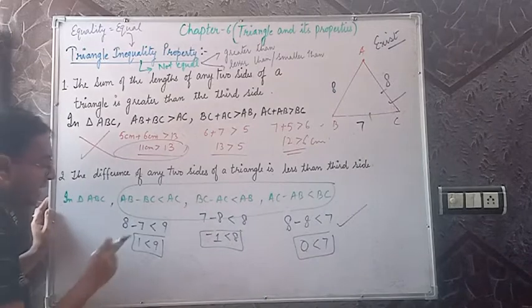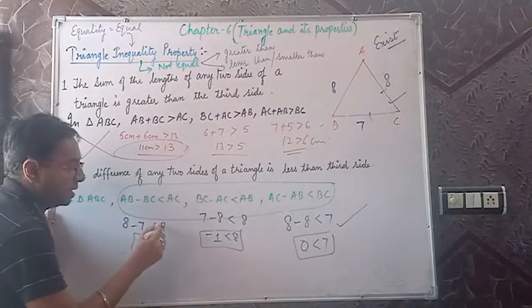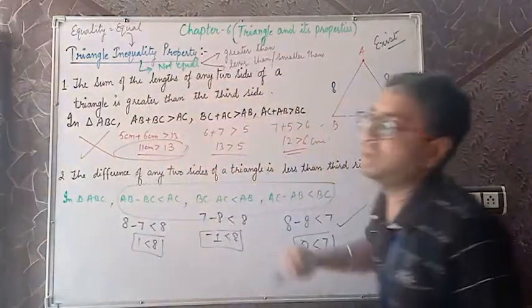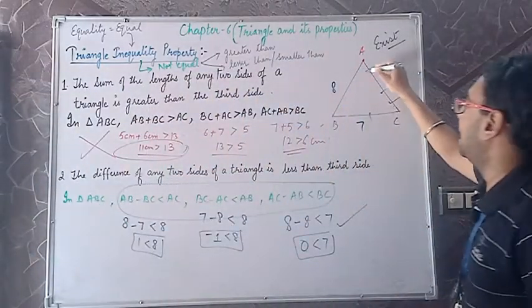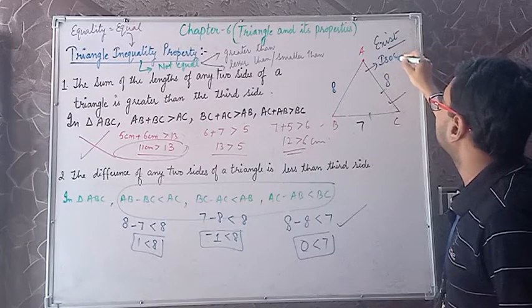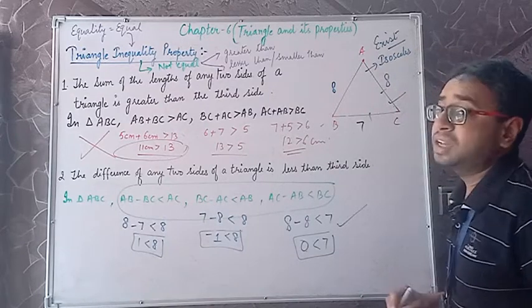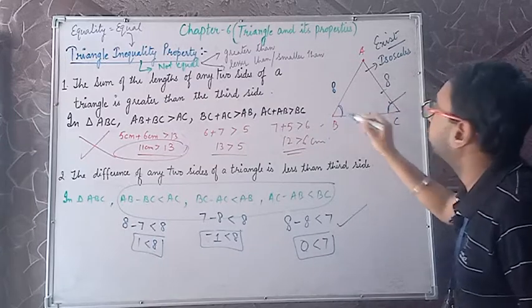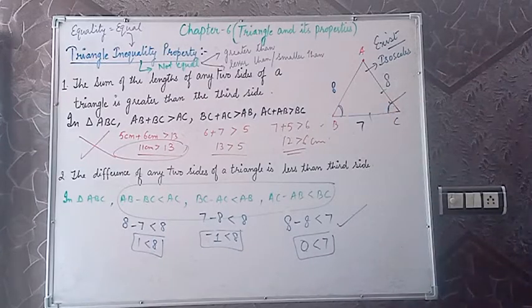Again proved. And which triangle is this? Can you name this triangle? Two sides are equal. Yes, it's an isosceles triangle. And do you know that in an isosceles triangle, two opposite angles are also equal. Do remember this.